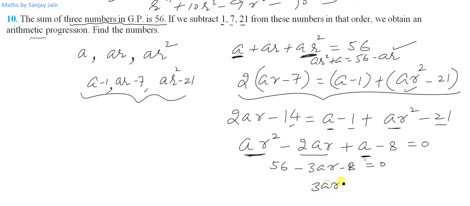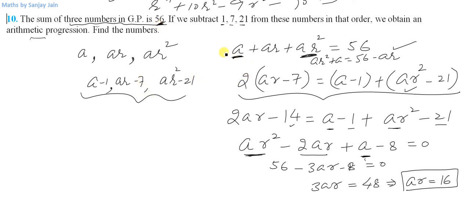So 3AR will be equal to 56 minus 8, that is 48, or AR is 16. So I have got one of the terms here.